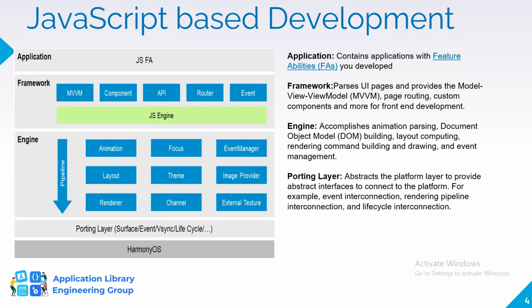Coming to the framework layer, this is where UI parsing happens, and it also provides MVVM architecture, page routing, etc. The engine layer accomplishes animation parsing, DOM building, layout computing, and so on. And the porting layer provides abstraction to actually call the platform APIs. So these are the high-level layers in this development paradigm. You can just remember and have a glance at it.